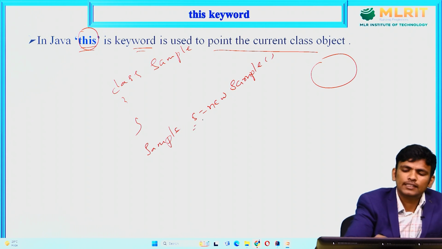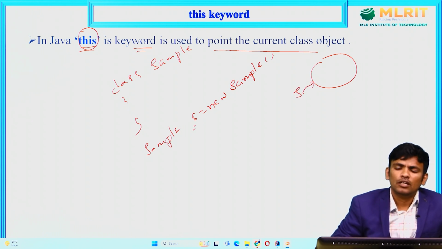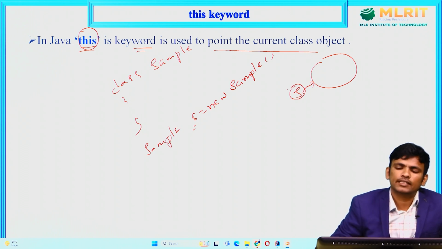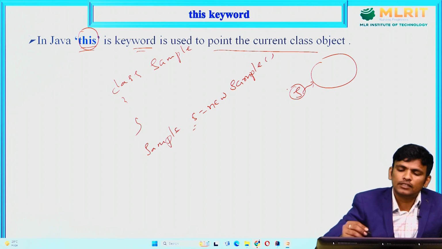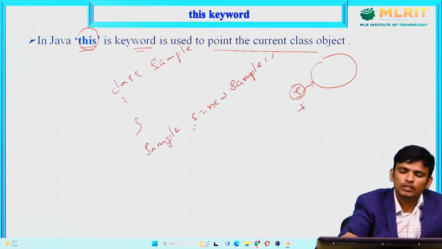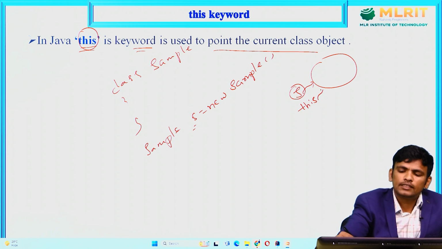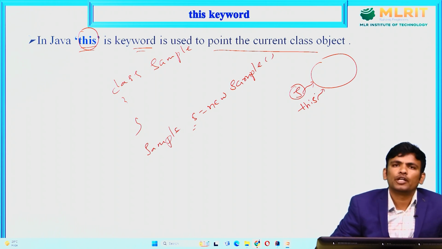Now S is pointing to this object. If you want to access this object, we need to use S. Apart from S, you can also use this. Now this and S are pointing to the same object.